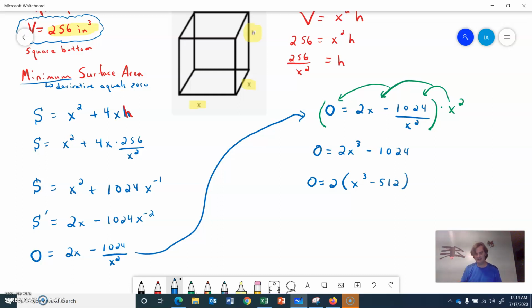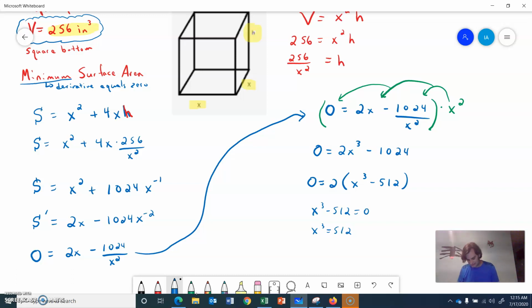Let's see. I'm going to pick up my calculator and see if I set this x cubed minus 512 equals 0, x cubed equals 512. Let's see if there's a cube root of 512.